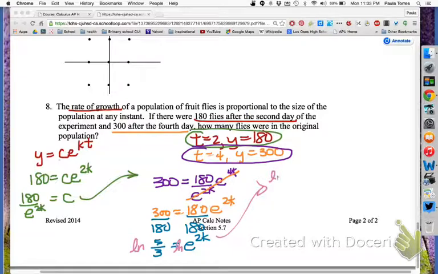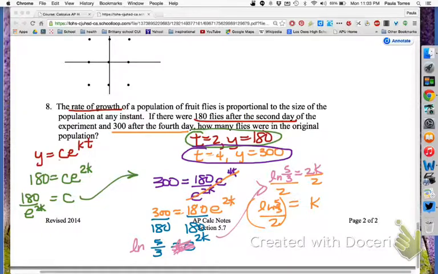So I'm going to have natural log of 5/3 equals 2k, because the natural log of e is just 1. And then I'll divide by 2. So k equals natural log of 5/3 all over 2.